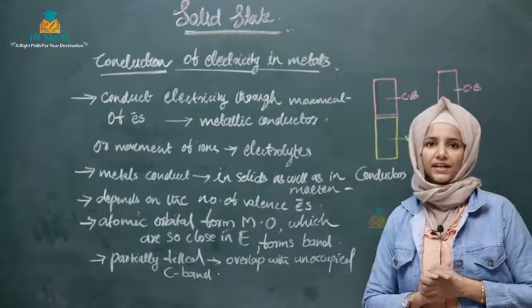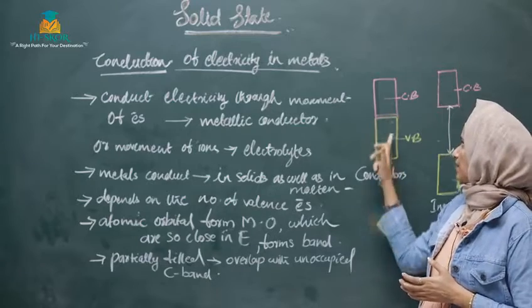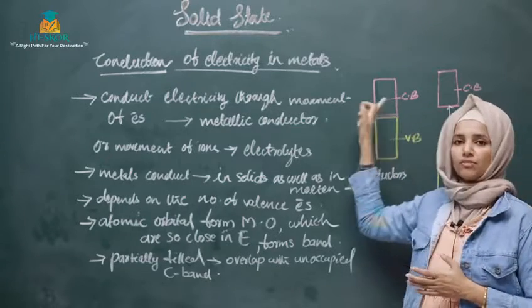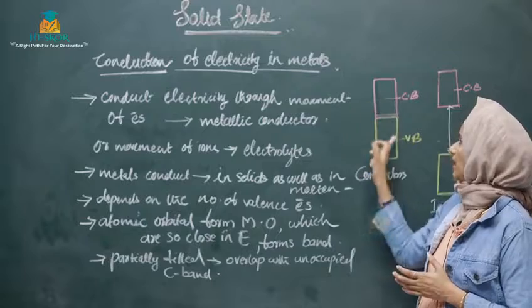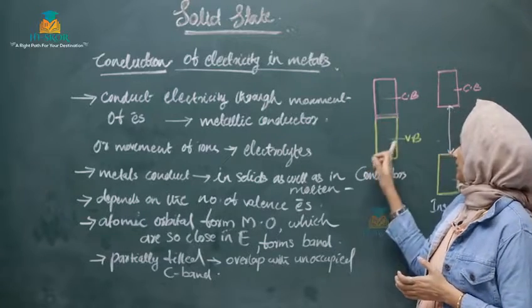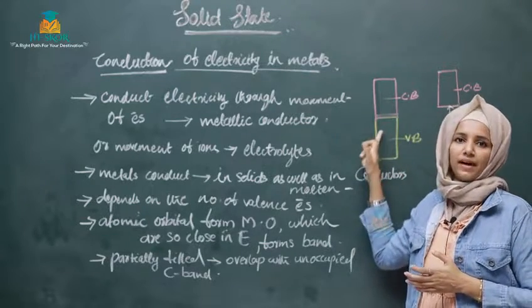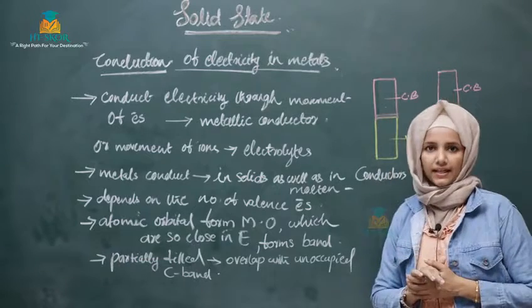Why are they called conductors? Because they are overlapped in nature. Both the valence band and conduction band overlap each other. So the electrons from the valence band can easily jump into the conduction band.